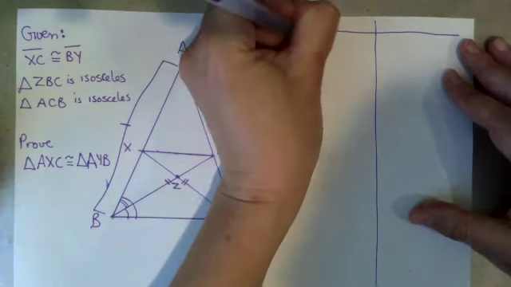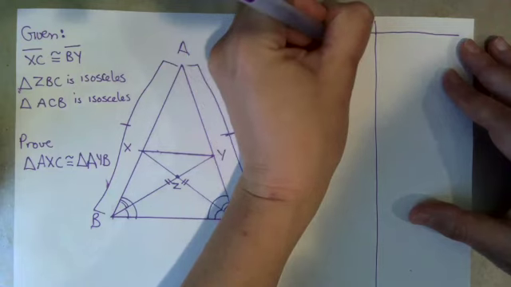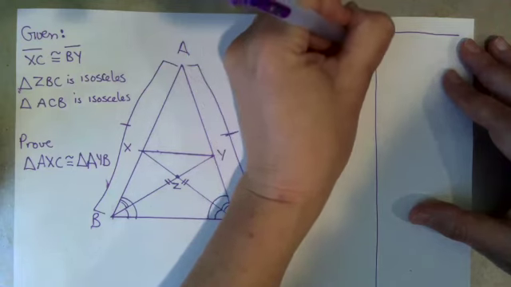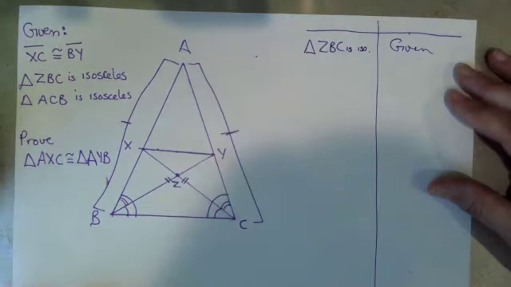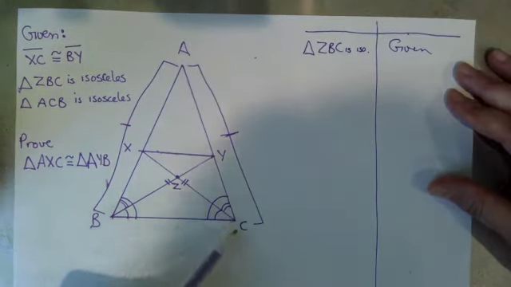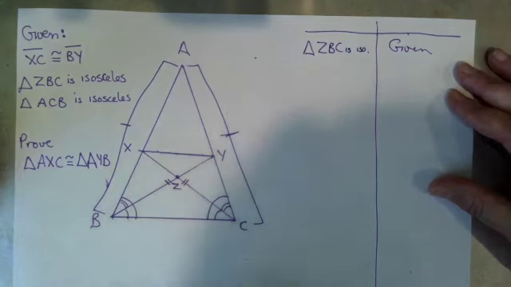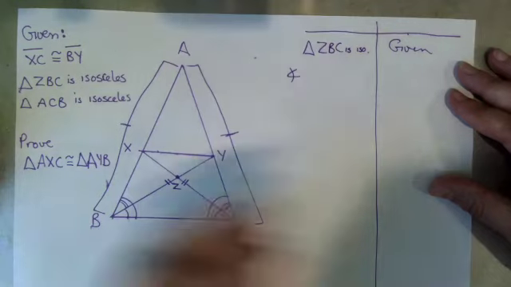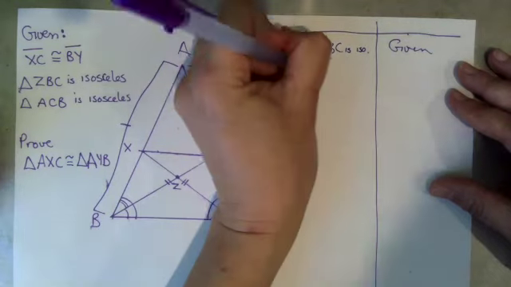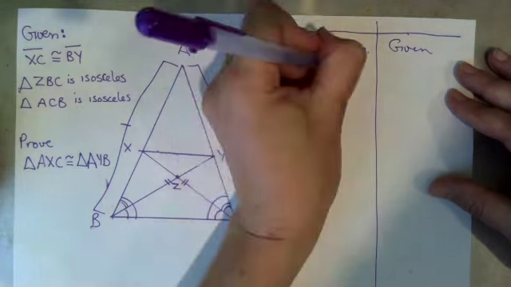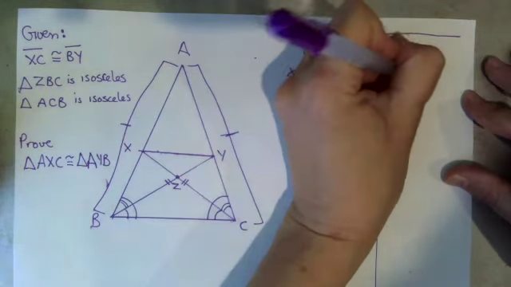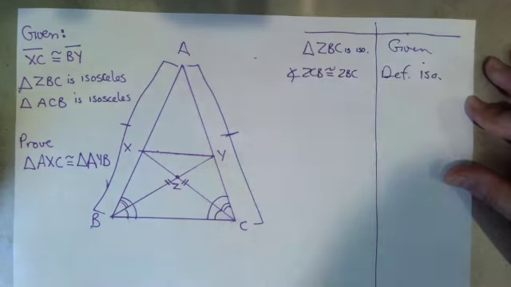Triangle ZBC is isosceles, and that's because given. Right after I name that it's isosceles, I'm going to name that these angles are congruent. So angle ZCB is congruent to angle ZBC, and that's definition of isosceles.